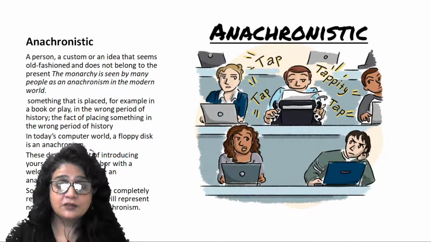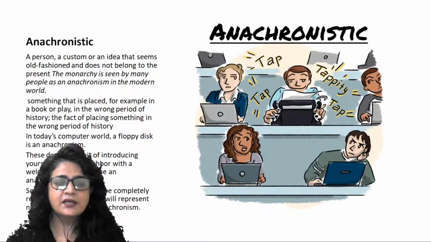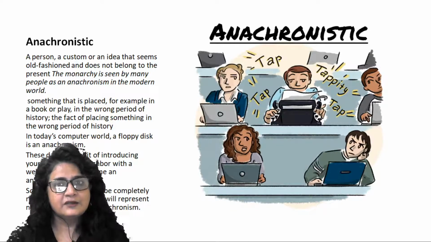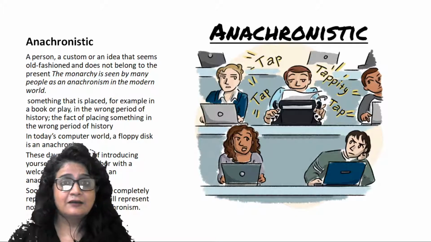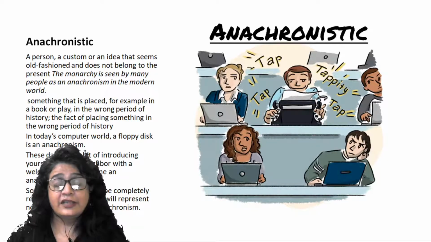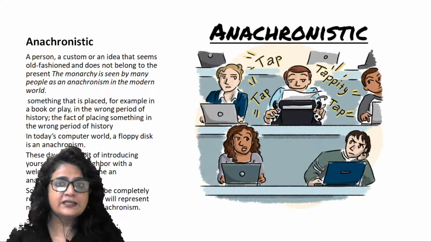Soon, physical books will be completely replaced by e-books and will represent nothing more than an anachronism, right? So gradually, it is being forecast that eventually the day is not very far when books in physical form will be anachronistic, because everything is being read on these devices.